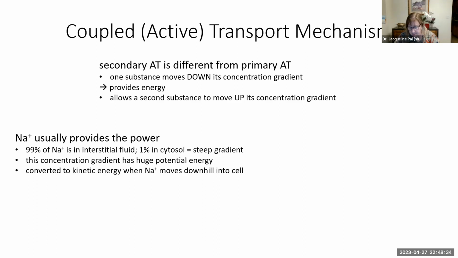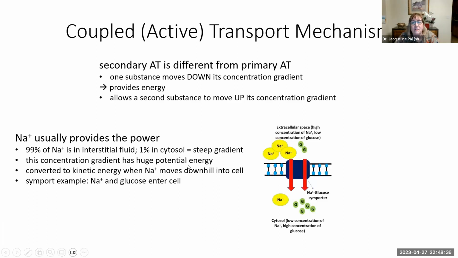One example of this is with sodium and glucose, where sodium has a high concentration outside the cell, and it's going to go down and enter the cell and generate a lot of kinetic energy, which allows a high concentration of glucose to occur in the cell, because we have low glucose outside the cell.